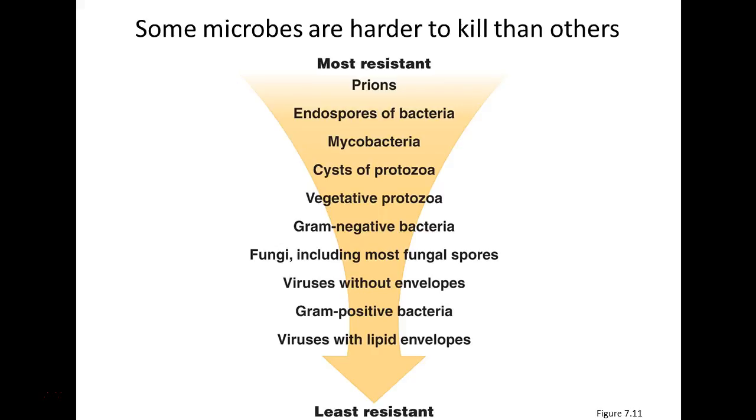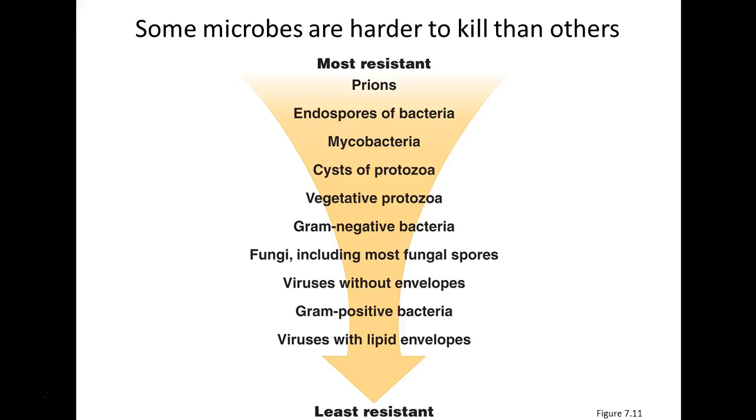This is a figure from your textbook that gives you a hierarchy of the most resistant microbes to, and I think this is temperature, but you better not quote me on that, to kill microbes with temperature.